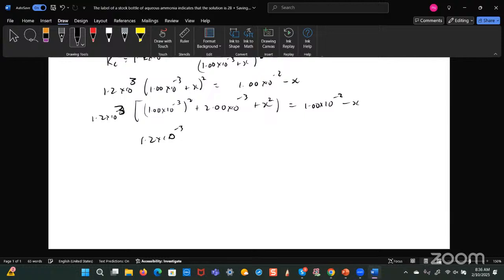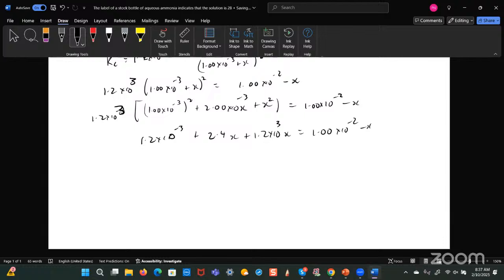And then when I multiply 1.2 times 10 to the 3 by 2 times 10 to the minus 3, I'm going to get 2.4, and this should be x here, by the way. And then this is just basically 1.2 times 10 to the 3 x squared. And that will be equal to 1.00 times 10 to the minus 2 minus x, all right?